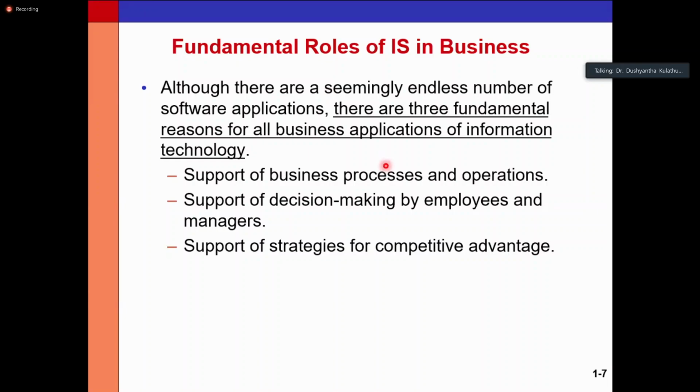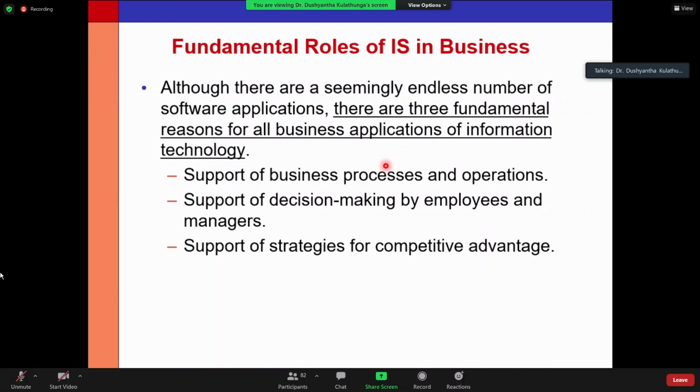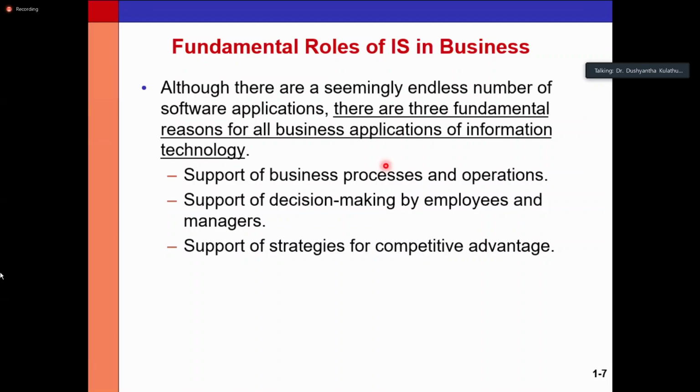Sir, I think we can't consider computer games under IT or IS. In which category should we consider computer games? I think games can now be identified as a separate category. When it comes to information systems, we are primarily focusing on systems that produce some sort of information, which is especially utilized for decision-making purposes.